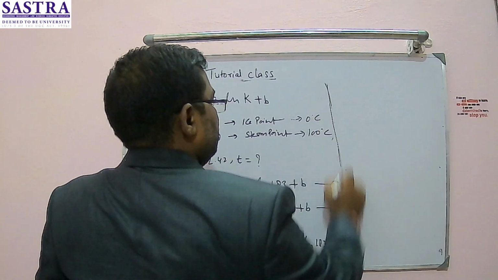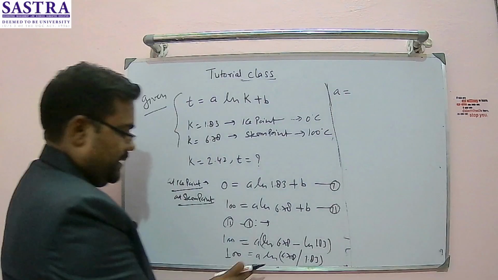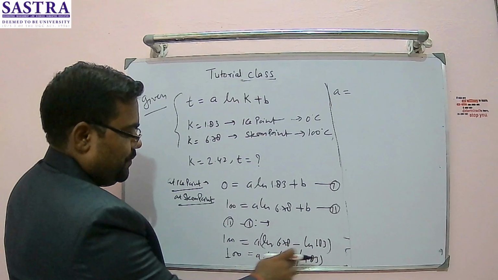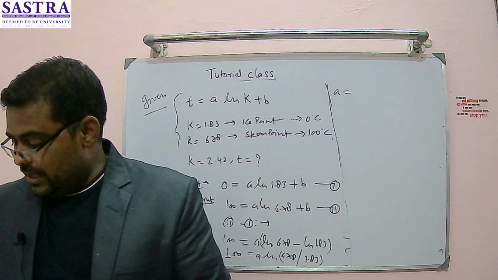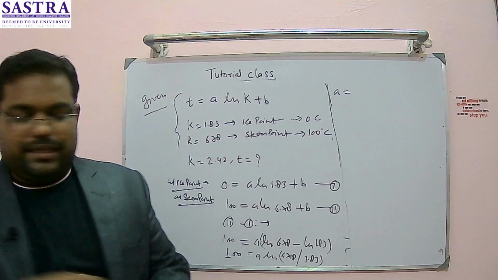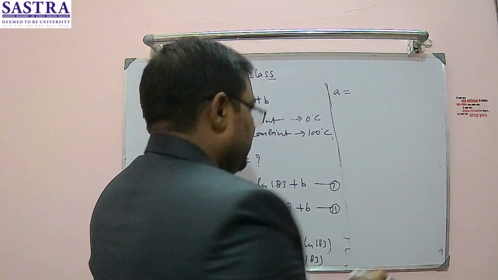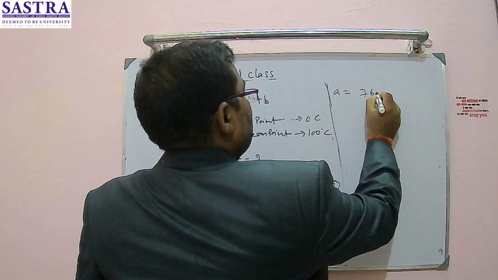So the A value you can calculate from here: this is ln of 6.78 divided by 1.83. You can get ln from the calculator. The A value is coming around 76.35.